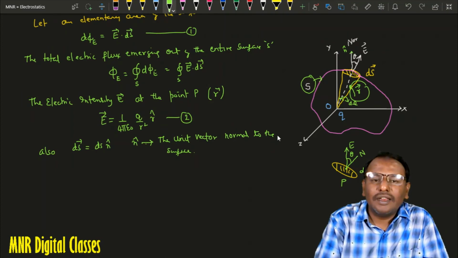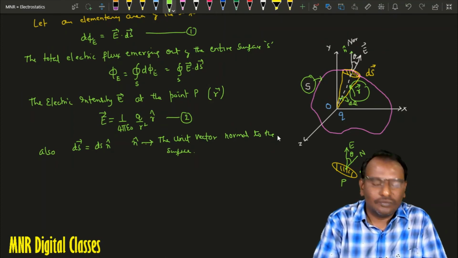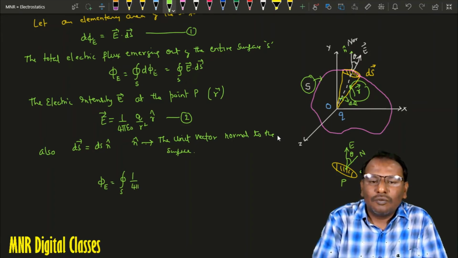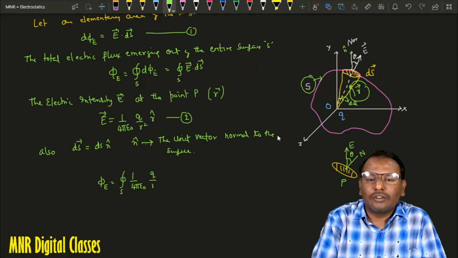Therefore, we can write, substituting all the values, flux, total flux phi of E is equal to surface integral of, substitute for E bar, 1 divided by 4 pi epsilon naught q by r square into r cap dot n cap into ds.